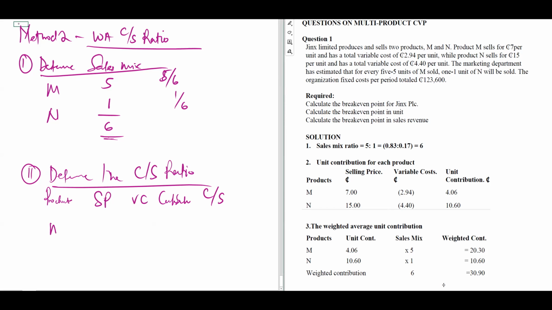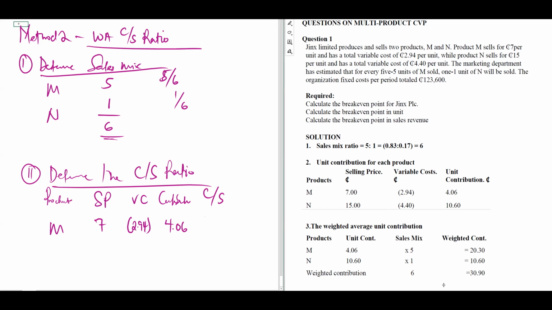For M, the selling price was 7, variable cost was 2.94, and contribution was 4.06.